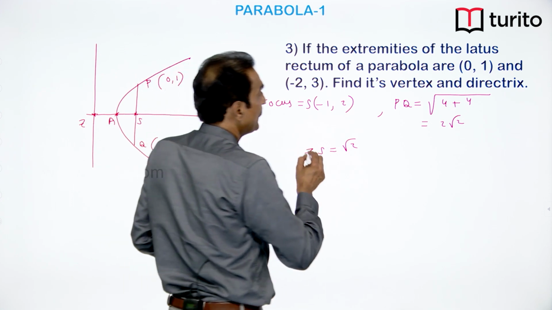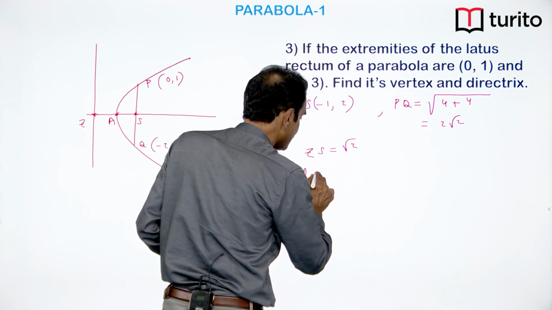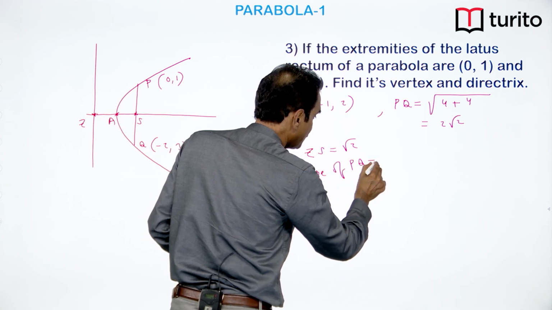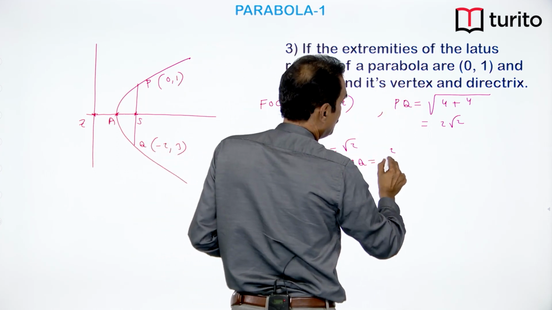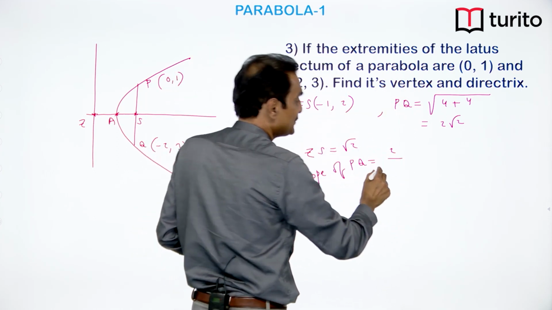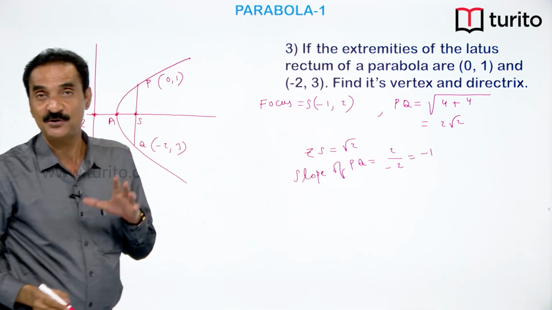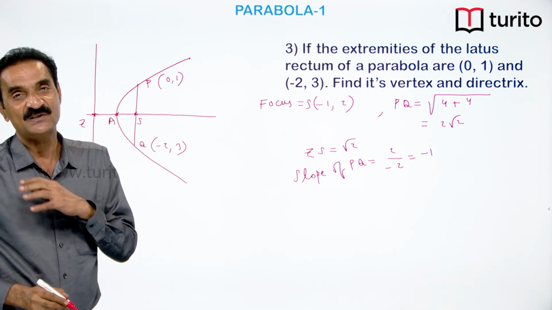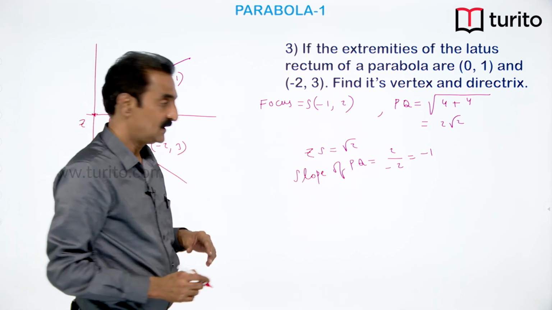So, find the slope of PQ first. (3 - 1)/(-2) = 2/(-2). Slope of the line PQ, or slope of the latus rectum PQ, is -1. Then what is the slope of the axis? It will be +1.